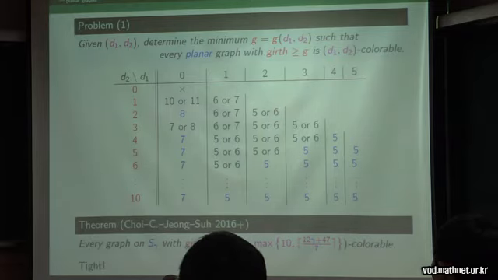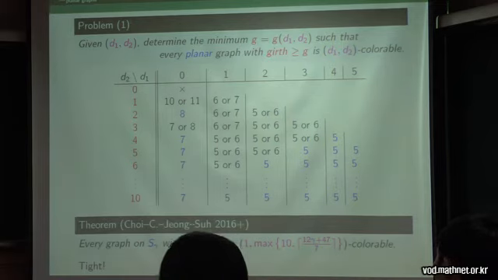And this is tight. So we were able to construct a graph that's embeddable on a surface of Euler genus gamma that has girth 5, and it's not (1, f(gamma))-colorable, where this function is linear in gamma, right?